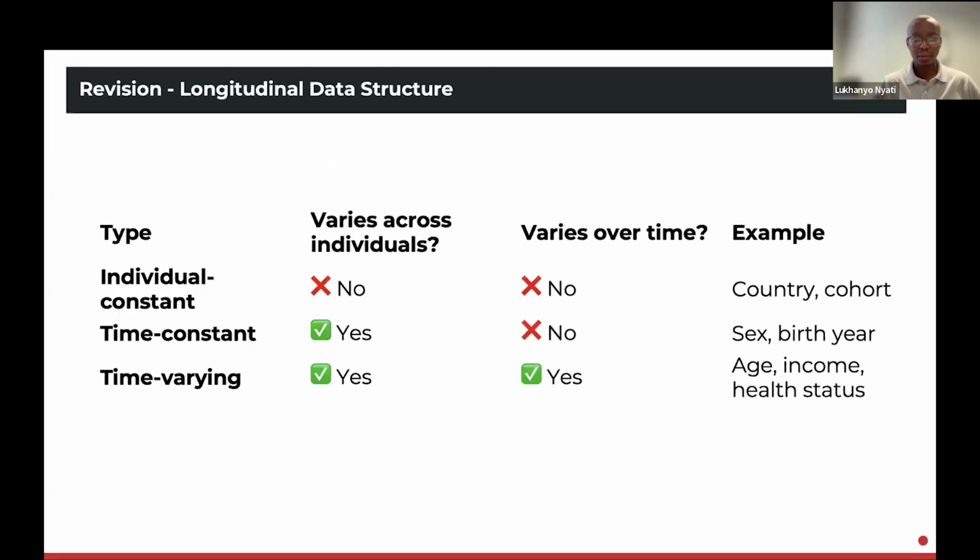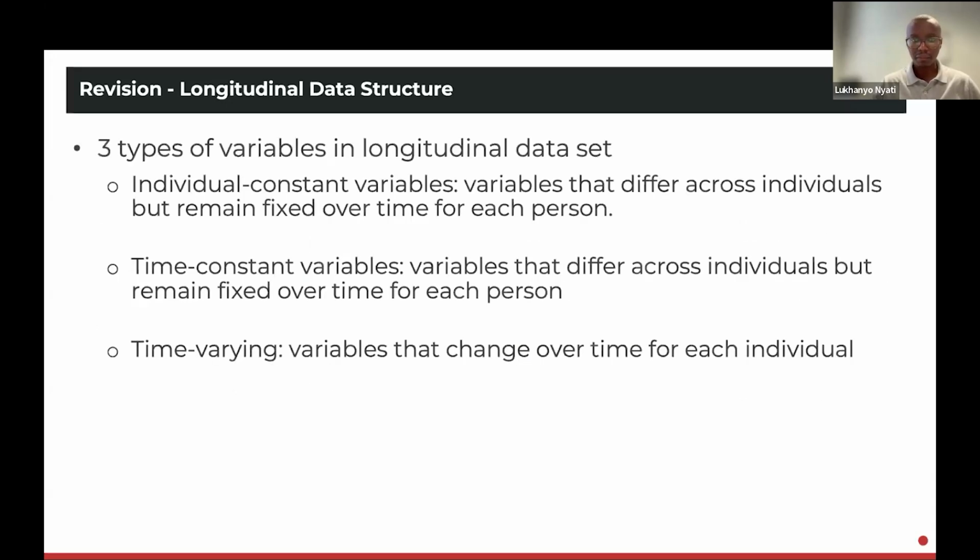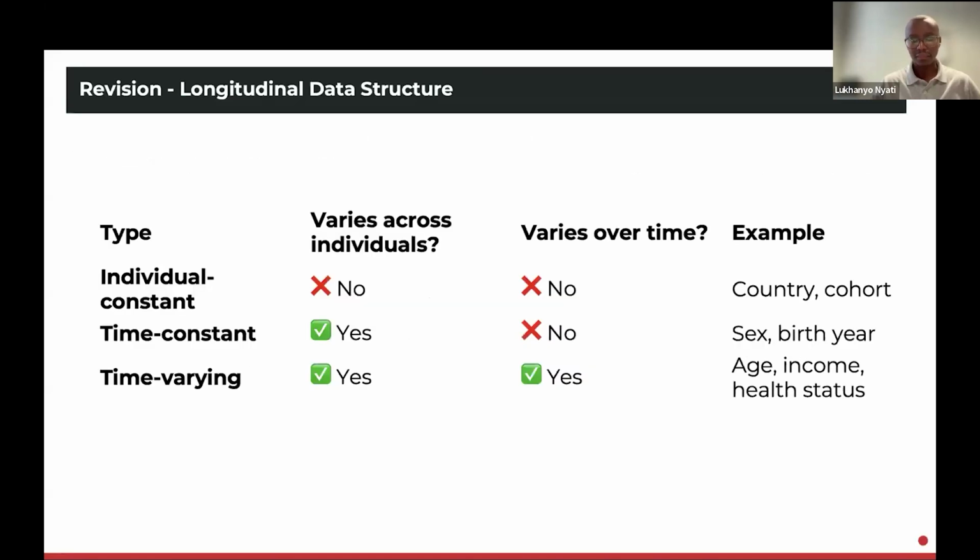So, for example, if you're looking at individual constant variables, they are constant among the individuals, and also they are constant over time. They remain fixed over time, and they do not vary across individuals.